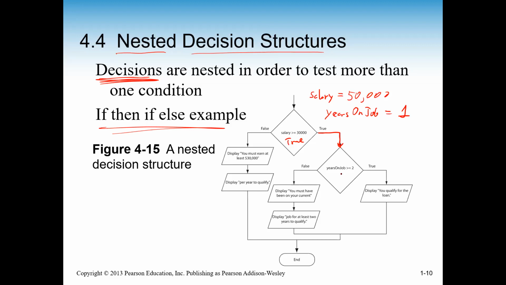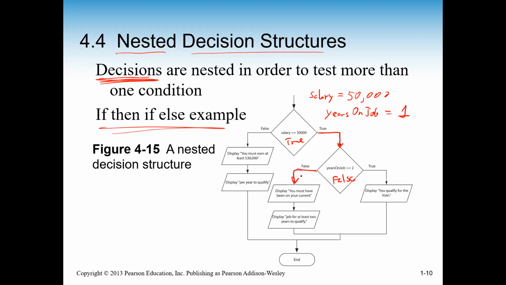So is years on job equal 1 greater than or equal to 2? Is that true or false? That's false. And so now you go in this direction over here.